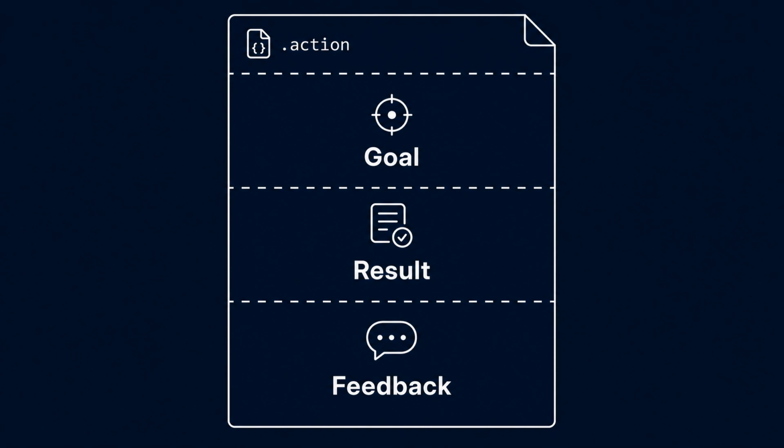For example, how many degrees are left before the turtle reaches its target angle. The third section is the result. This contains the final outcome once the action completes successfully. So remember, goal tells the robot what to do. Feedback tells us how it's going. And result tells us what happened.